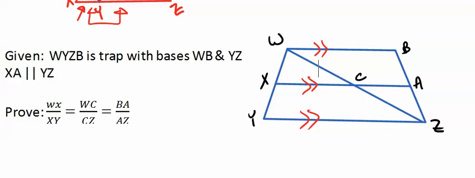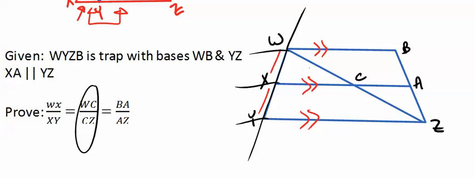If we look at what we're trying to prove, WX over XY is equal to WC over CZ. Notice where those are. Here is WX and here's XY. And you'll notice that that line, if we extend it, is actually a transversal cutting parallel lines. And again, if we look at this one, we have WC and ZC, and that's the same thing.